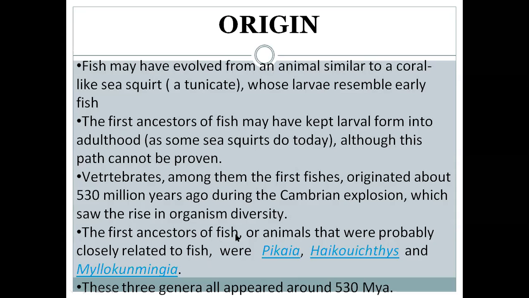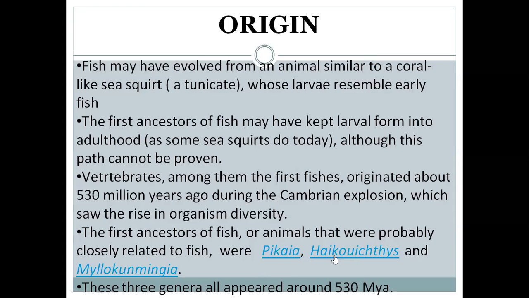The first ancestors of fish, animals that were probably closely related to fish, were Pikaia, Haikouichthys, and Myllokunmingia. Pikaia was collected by scientists from China, and Haikouichthys was also recovered from... and Myllokunmingia.